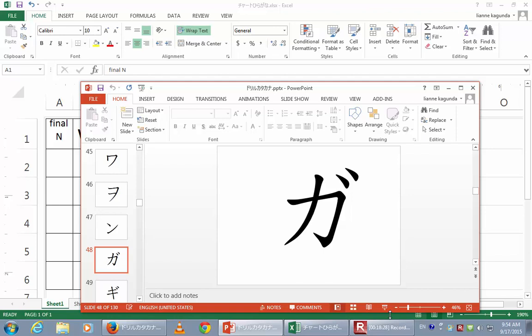Does that help? Do you see a contrast enough? So it would be like that versus like that. They're not a huge contrast, but there is a difference. Does that help a little bit? Okay.